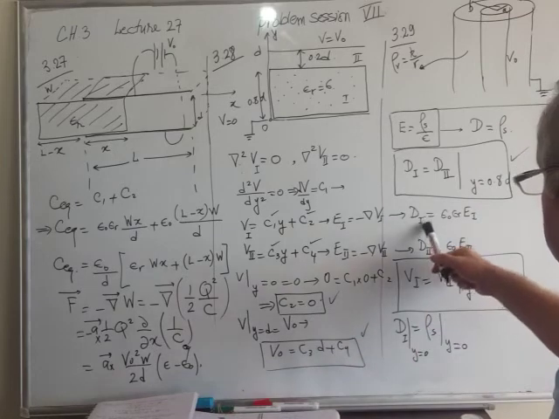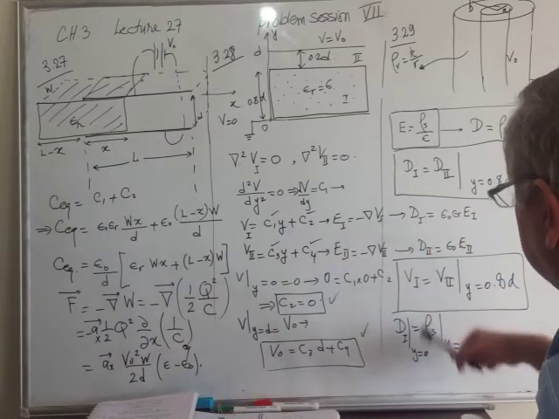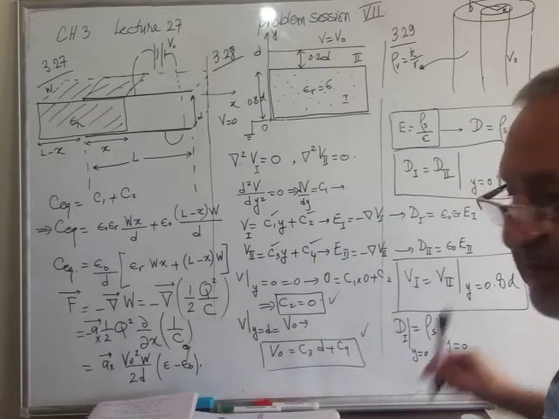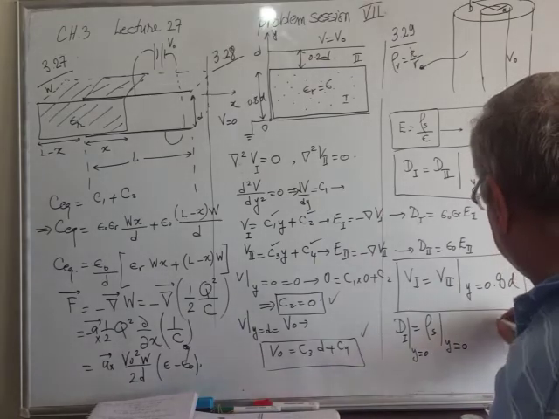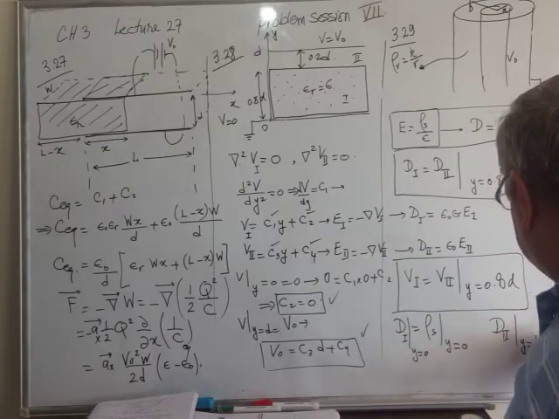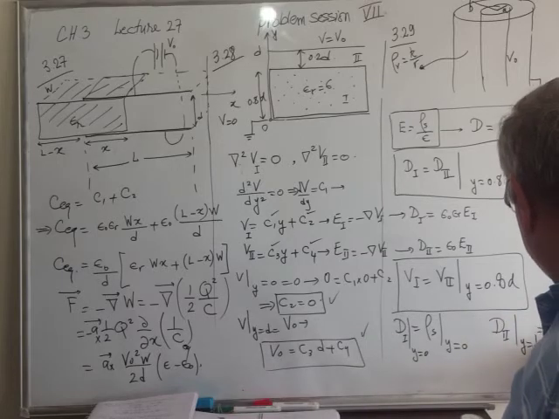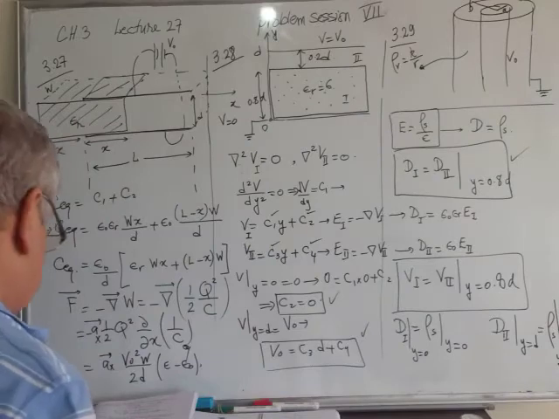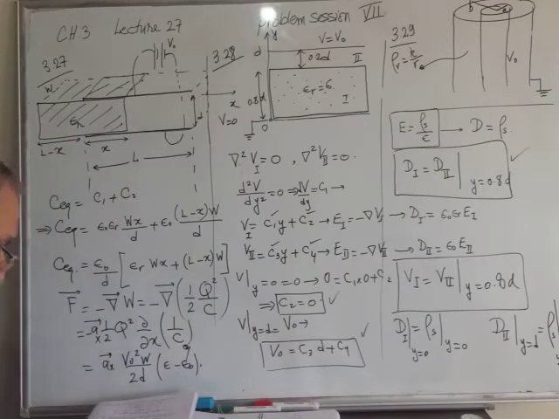Having found D1, D in medium 1, set y equals 0, and you can find rho s. And also you can find D in 2 at y equal d. That will be the value of rho s at y equal d. By this you can find rho s at the upper and the lower plates, and also the answers are given in your solution manual.